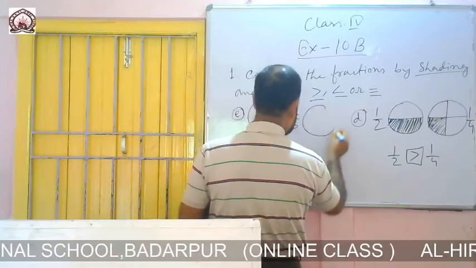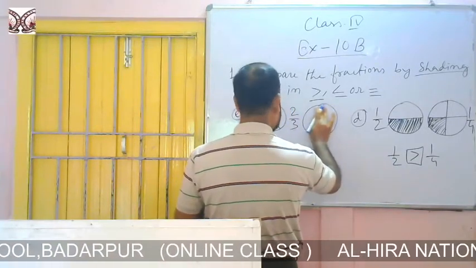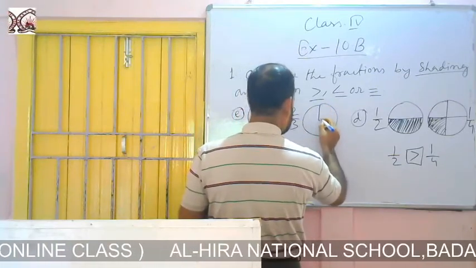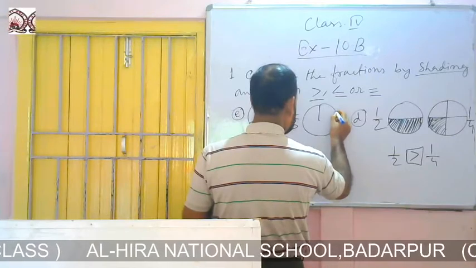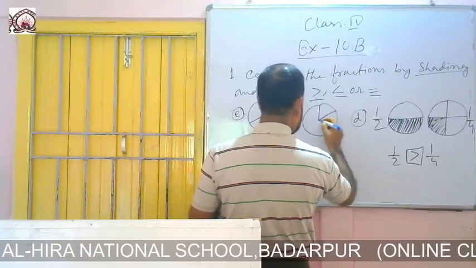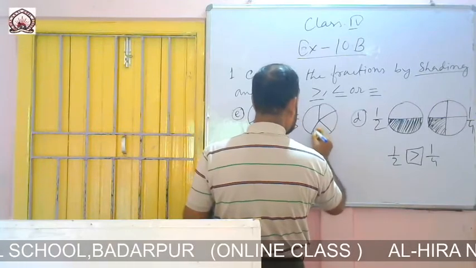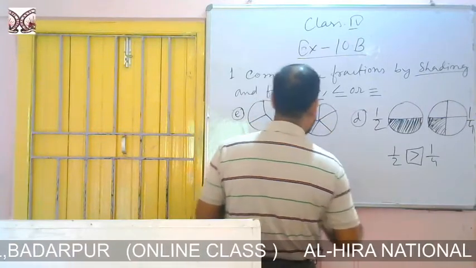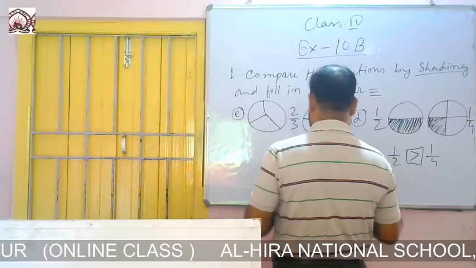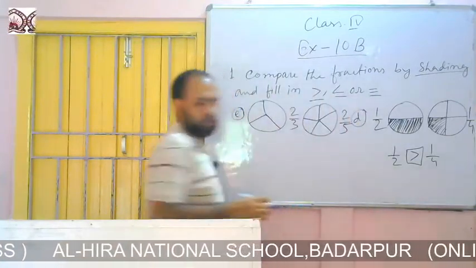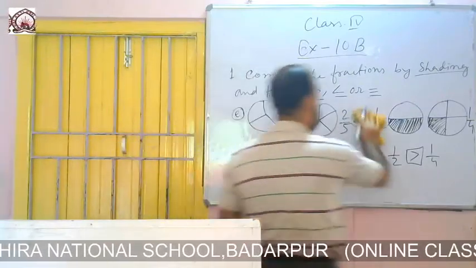Same circle, we divide into 5 equal parts, 1 2 3 4 5, and the fraction is 2 by 5.